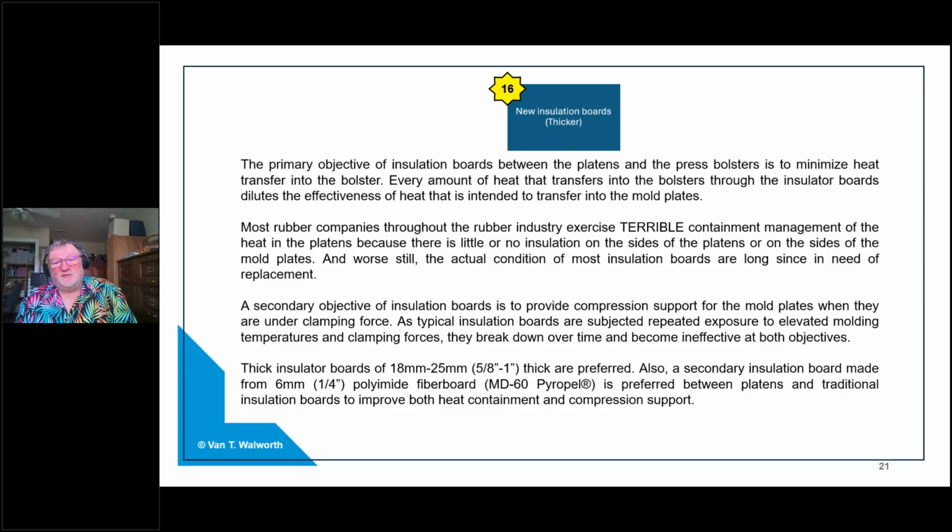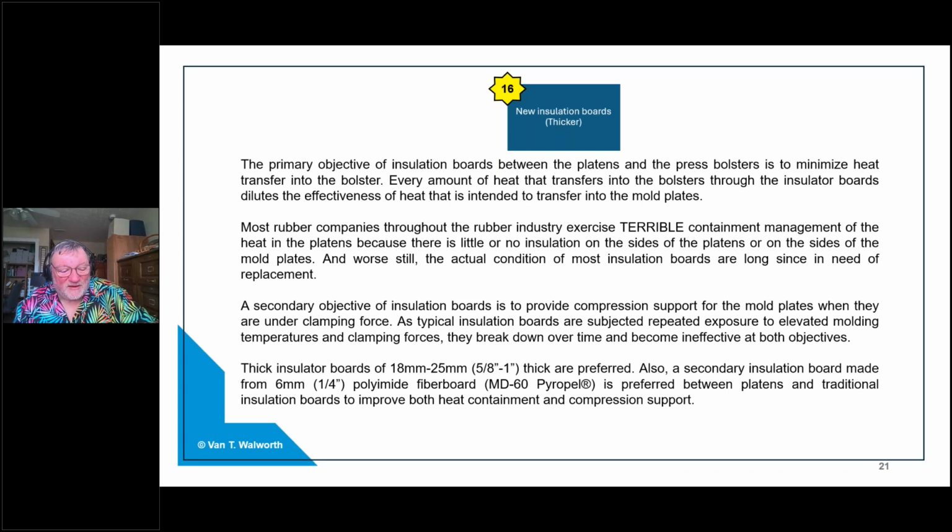A lot of companies' motto for maintenance budgets is that when the cracks get too bad or when a piece of the insulator board falls out, they will choose to put it on their budget for replacement next year. Okay, well that's actually not a good plan. You are hurting yourself with thermal gradient and pressure gradient all day long, every cycle with whatever you run in that mold, and you're not achieving what you want.